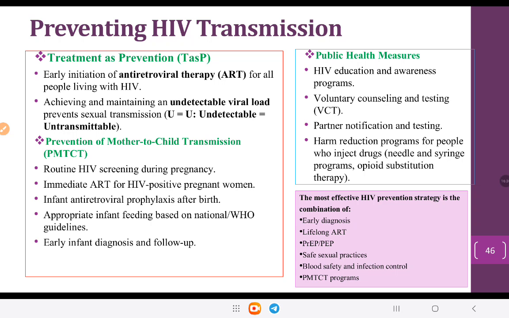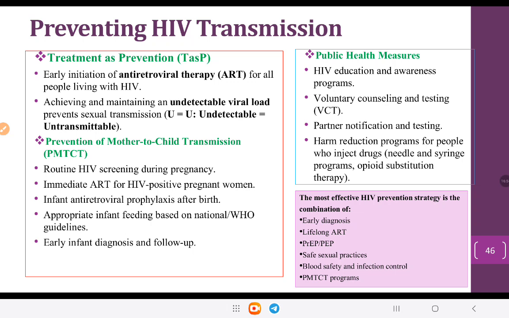Infant feeding is decided based on national WHO guidelines. We try to keep the child from being exposed to body fluids, such as breastfeeding from a mother infected with HIV. Early infant diagnosis and follow-up if the mother is infected with HIV.